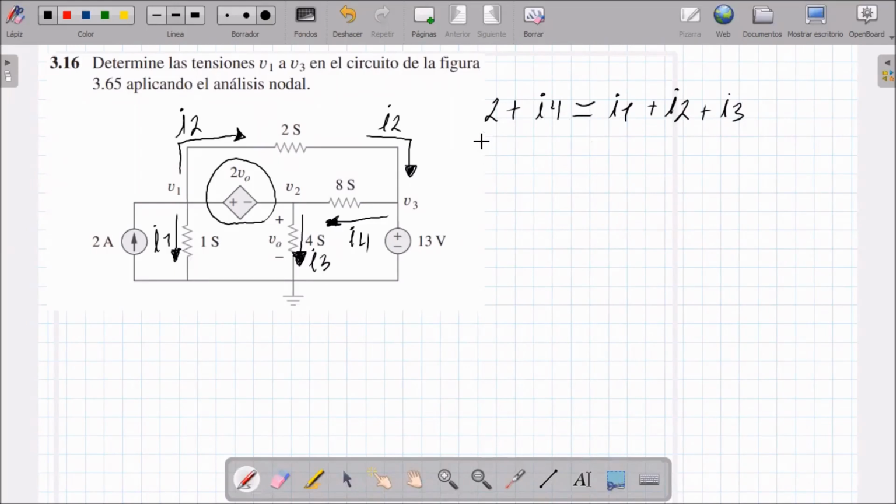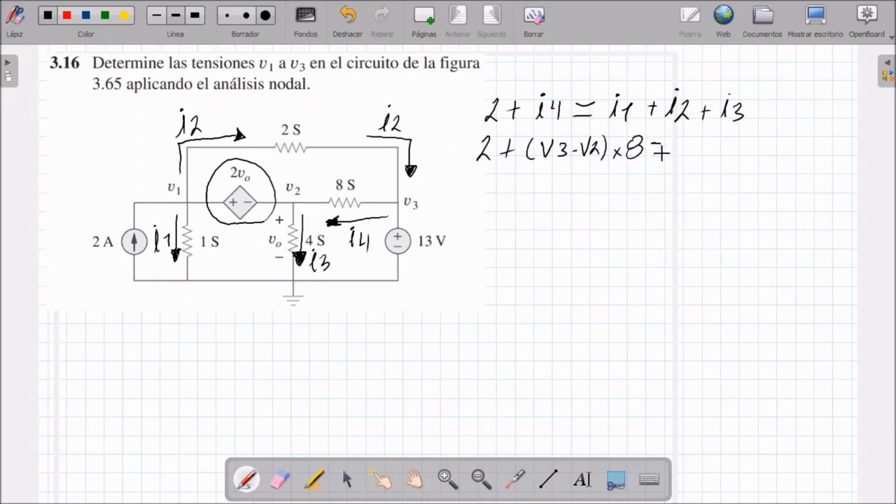Now this would be 2 plus the current I4, but the I4 we know is this one that is here. This would be the voltage V3 minus the voltage V2, times the conductance 8.